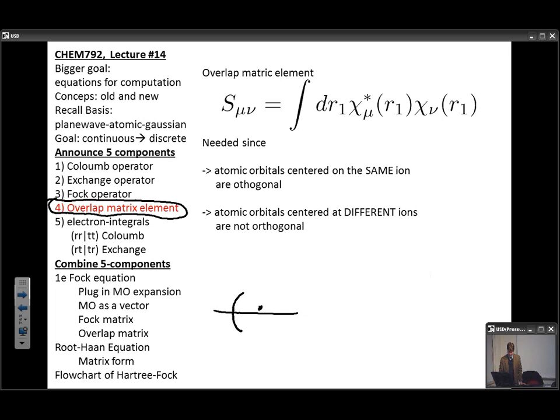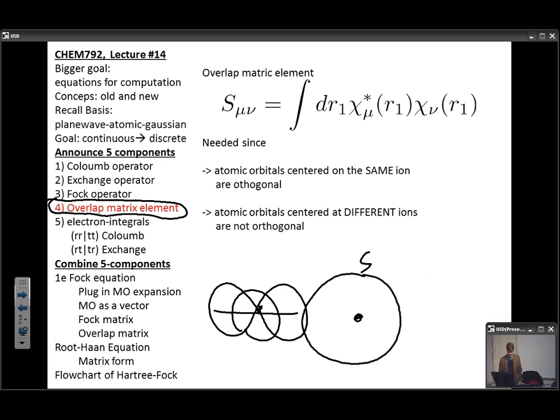So s orbitals and p orbitals are orthogonal. But if we are considering an s orbital on one ion and a p orbital on a different ion, they may have some overlap. Their overlap can be non-zero.